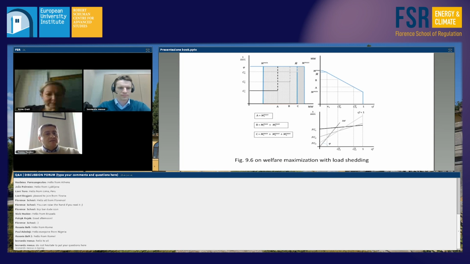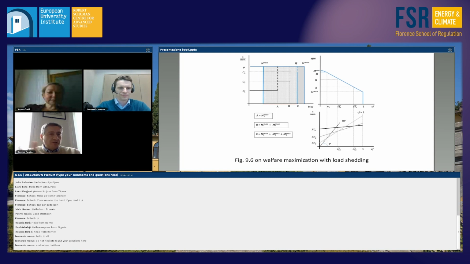So one can ask why, what's the point of focusing on electricity rather than other commodities, and we will discuss this later on. But I think that this picture sufficiently explains why it is worthwhile focusing on electricity and what the specificities of electricity are compared to other topics.